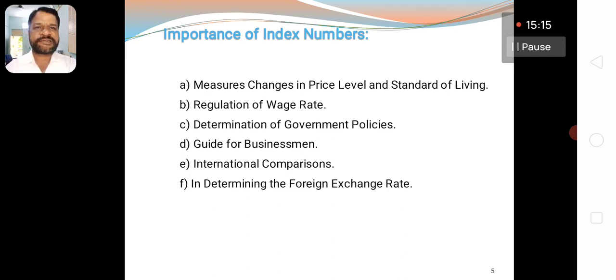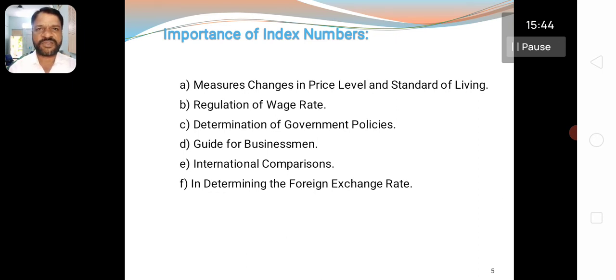It also plays an important role in the determination of government policies. The government policies are framed with the help of the index numbers. I already explained that the production policy, import policy, export policy, whatever may be the case, can be determined with the help of the index number, and it guides the businessman.